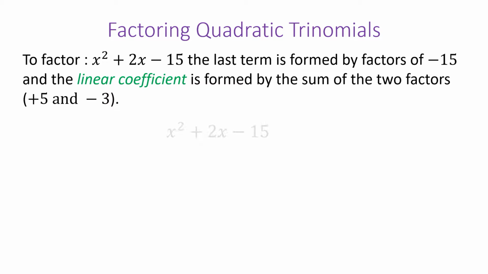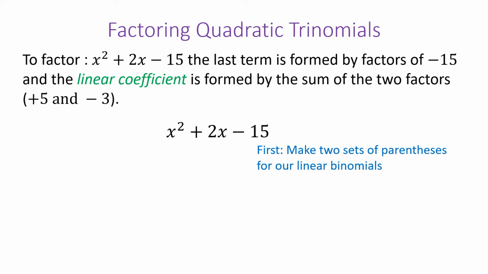So even though we know the answer, we're going to use this to set up our rules for factoring. First thing we're going to do is make two sets of parentheses for our linear binomials. And don't let the term linear binomials confuse you. You know we're going to get x minus 3 and x plus 5, and those are linear expressions. That's all it means. So we set up our parentheses.